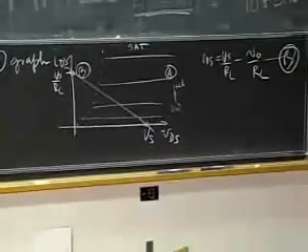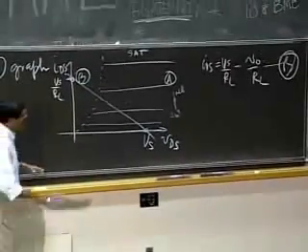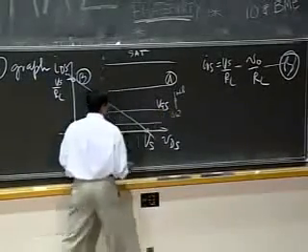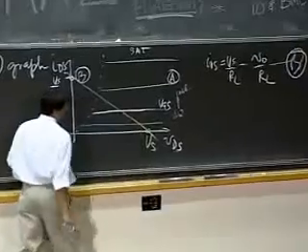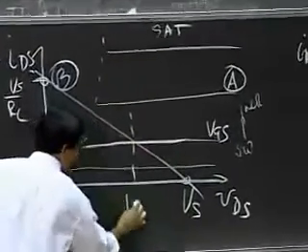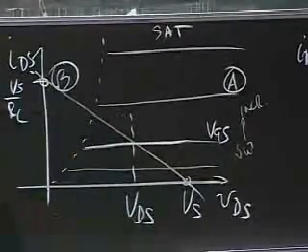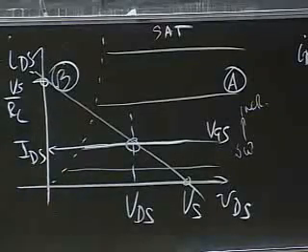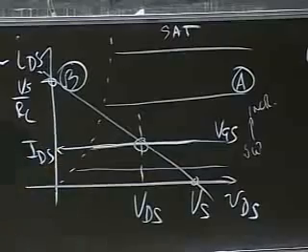And as before, we just find the point where the two intersect. Let's say I'm given some value of VGS, and some known value of VDS. For that, I can go ahead and find the corresponding value of IDS from this graph.